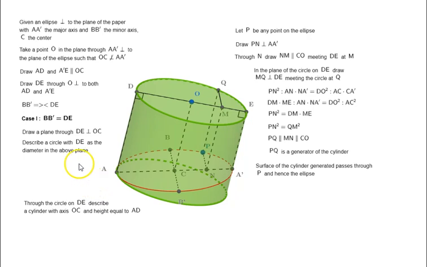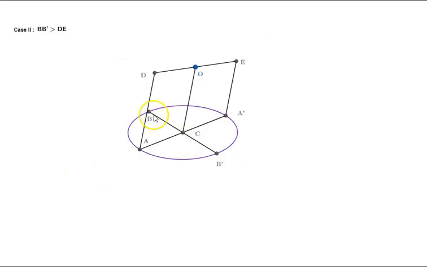Now let's look at the second case. In this case, BB prime is greater than DE. So if we can somehow make this line equal to BB prime, we can use the same logic as in the previous case.